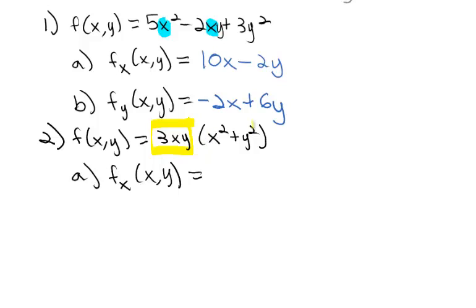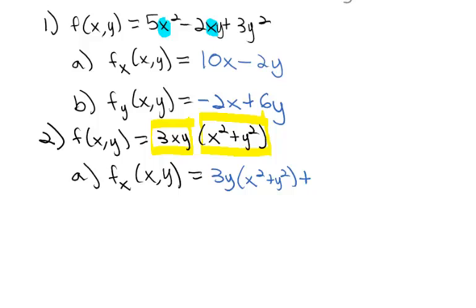We've got the 3xy multiplied by the x squared plus y squared. So using our product rule, we'll take the derivative of the first with respect to x. So x is the variable, 3y is the constant, the derivative of the first, times the second, x squared plus y squared, plus the derivative of the second.